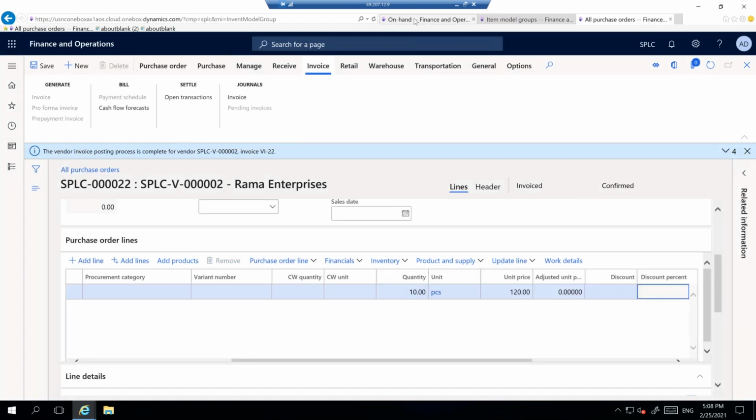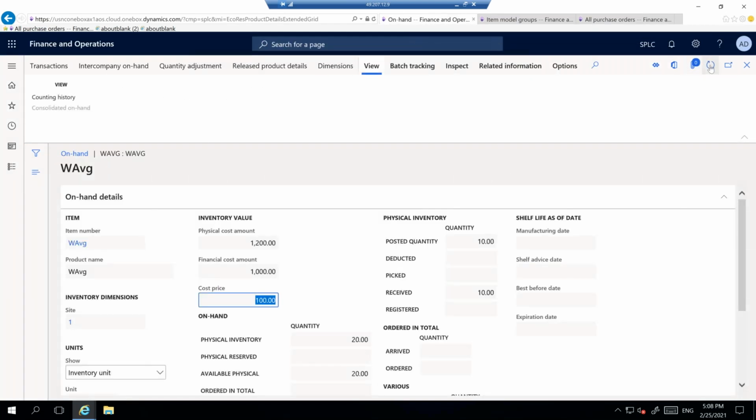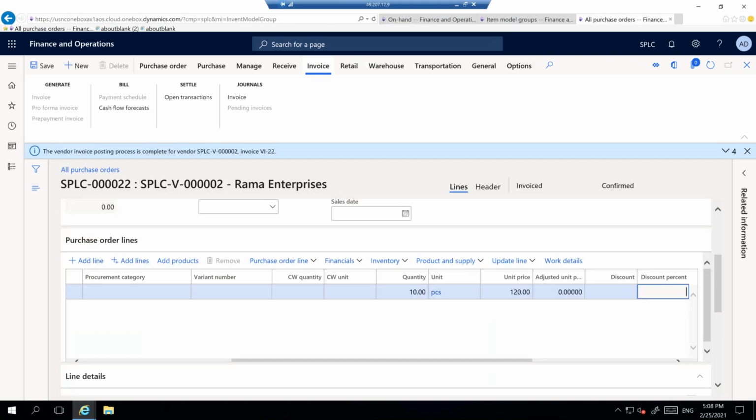Okay, now on hand inventory, if you refresh, it will be 2200 and the cost price will become 110. This is weighted average cost. I have not sold anything, it is 2200. Now I will do sales order invoice.